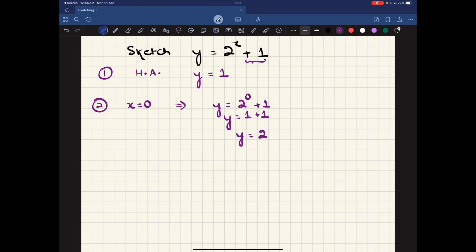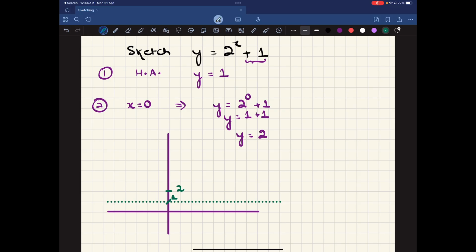Okay, so let's now draw our exponential function with the key pieces of information that we have. The first one is a horizontal asymptote at y equals 1. So this is 1, and then we have our intercept at y equals 2.